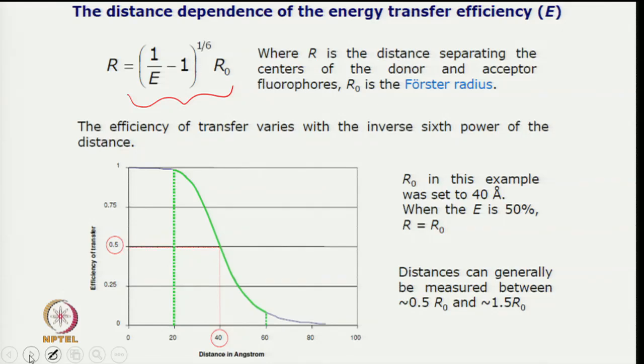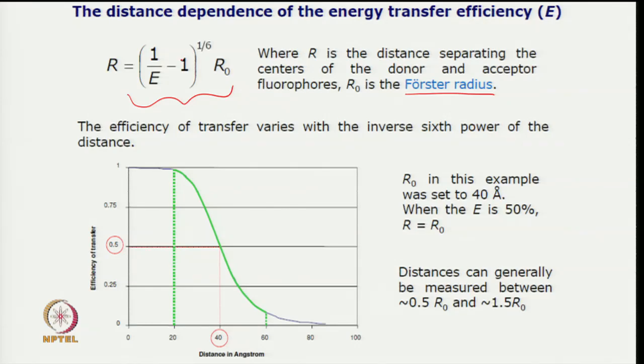R naught is called the Förster radius, and we define R naught as the distance between donor and acceptor when energy transfer is 50%, or energy transfer efficiency is 0.5, and you can put the value here, so E will be half here.